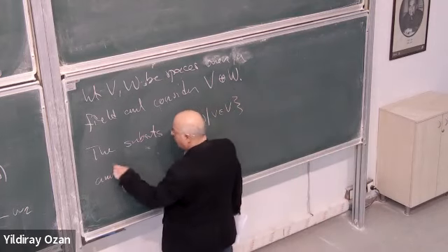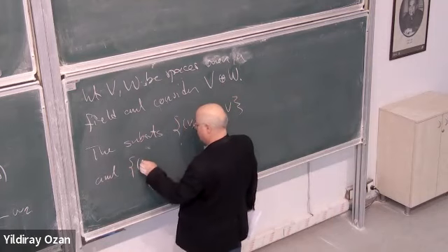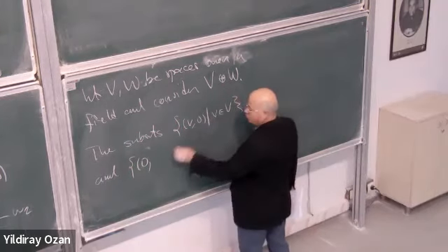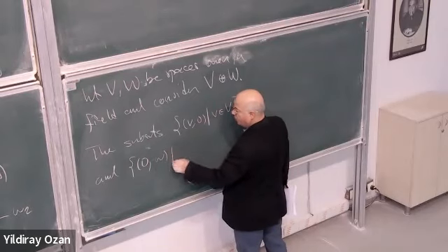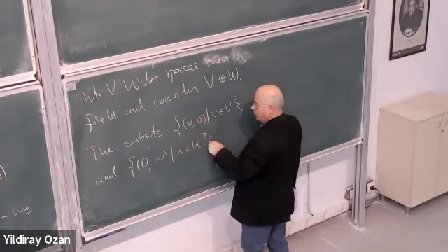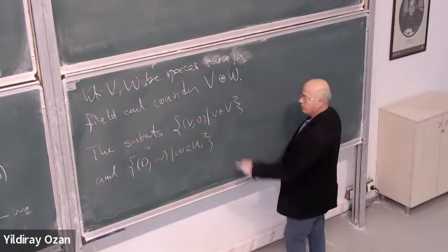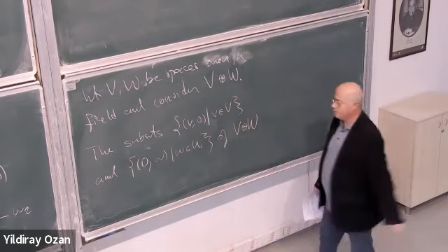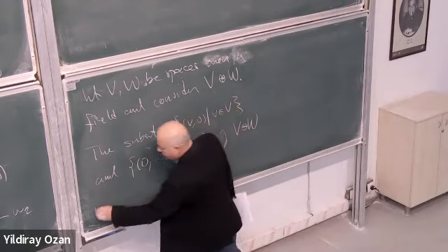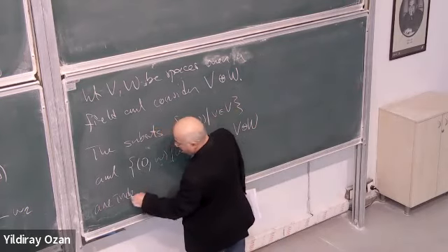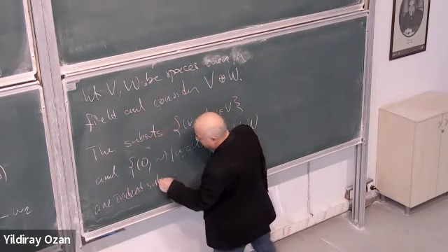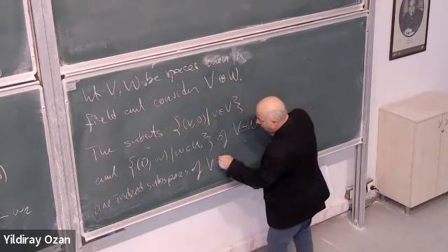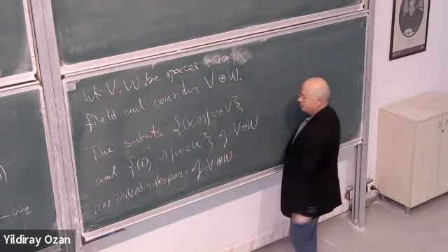And this one, this time I choose the zero vector of V, but choose an arbitrary vector from W. These subsets of V direct sum W are indeed subspaces of V direct sum W.